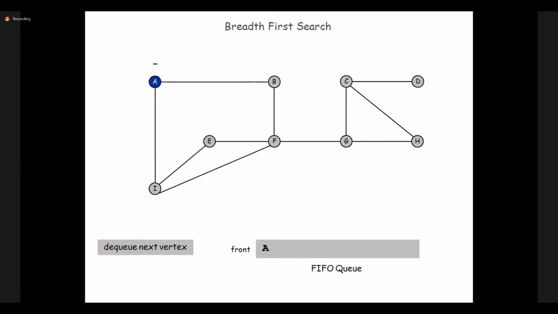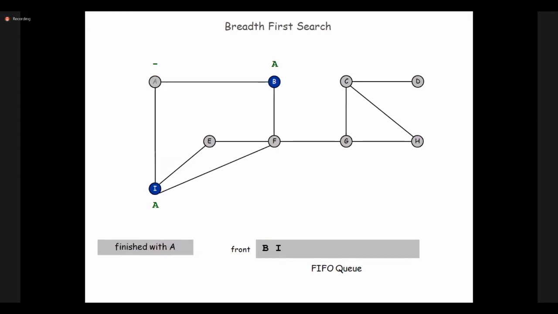So you remove A from the queue and insert the adjacent vertices of A, B and I. Are there any other adjacent vertices for A? No more. Then A is finished.